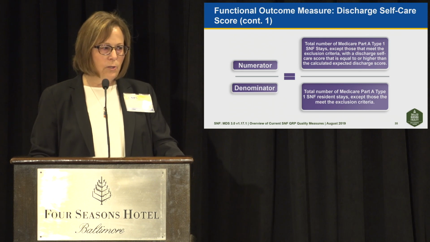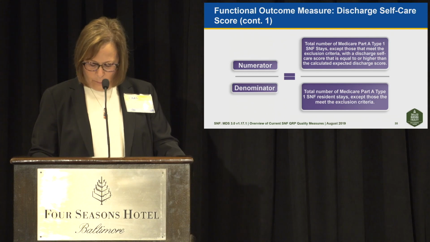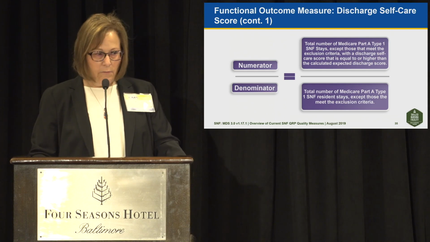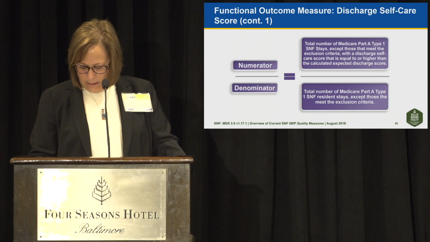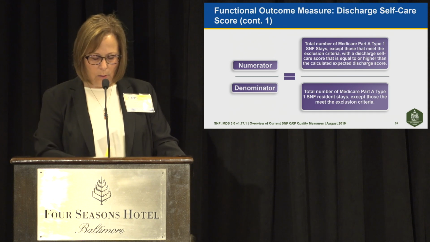Once again, the numerator divided by the denominator times 100 will give you your percentage. For this measure, a higher score indicates that you had resident stays that met or exceeded the expected scores.